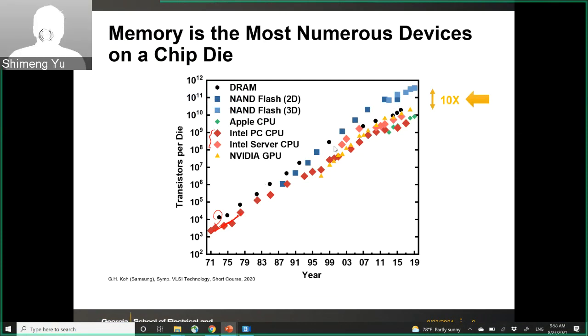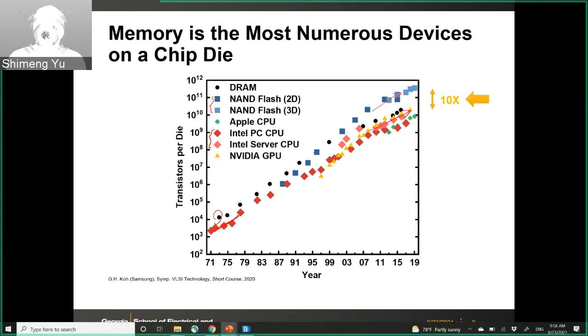Then as we approach the past decade, you see that those blue ones, the NAND flash, take off. The density of the NAND flash really outpaces other technologies.